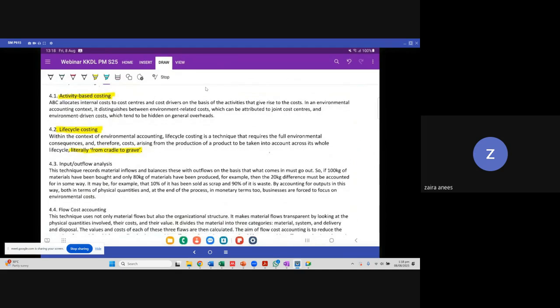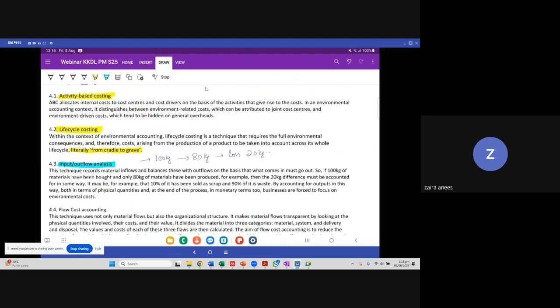Now, input and output and outflow analysis means what? You have to attach some cost to the losses. Like, for example, you made an input of 100 kilograms, you got an output of 50 kilograms, so there is a loss of 20 kilograms. So what the company do is company generally say that, okay, fine, 20% is the normal loss, so we will include it in the calculation of cost per unit.